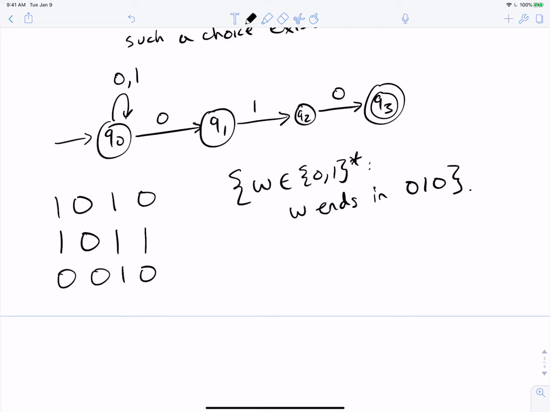I haven't defined computation, and I probably won't for NFAs, but computation always has to read the entire input. If it doesn't read the input and you're in a final state, it doesn't mean anything.